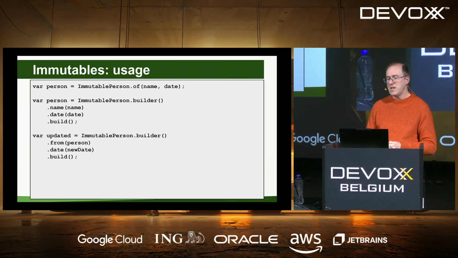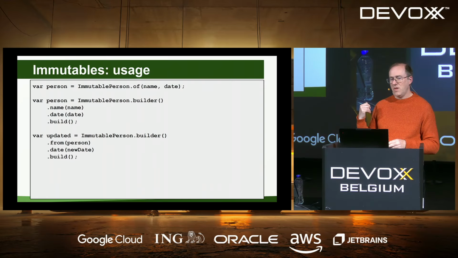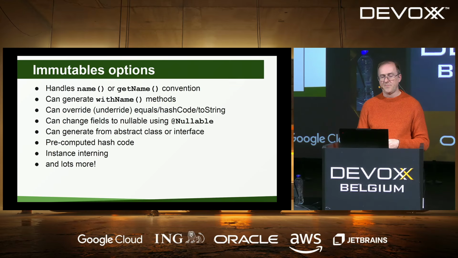The only thing I'd point out is that ImmutablePerson is a class you actively use. That's the main class here. The interface Person is something that you're not that interested in. And the last part there, where you go ImmutablePerson.builder.from(person), is just slightly more convoluted in terms of being able to alter an existing instance, but nothing too bad.